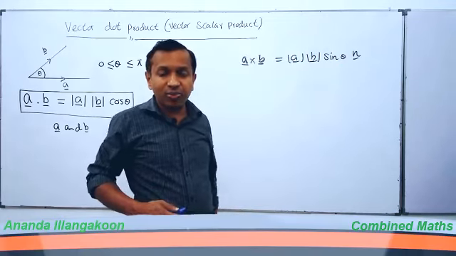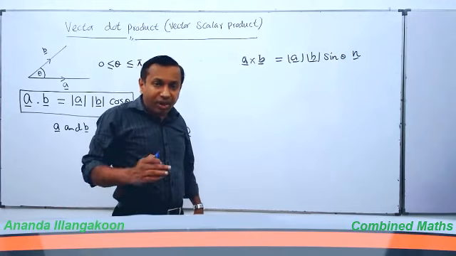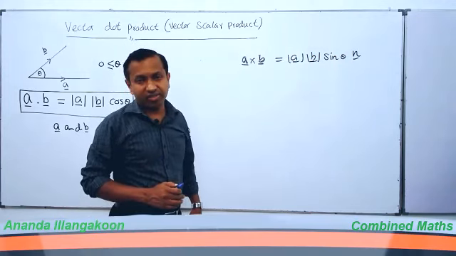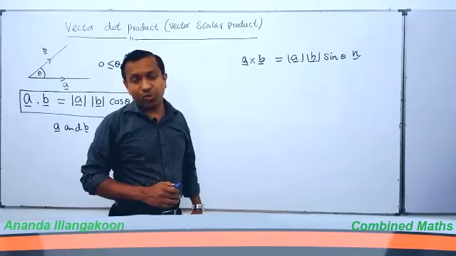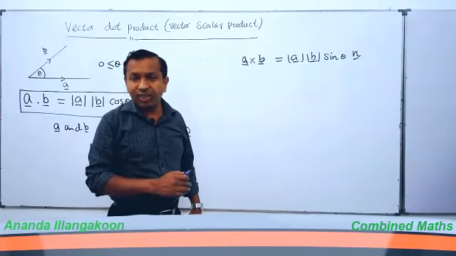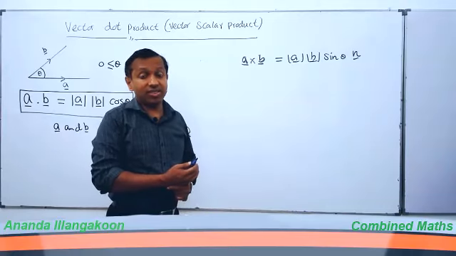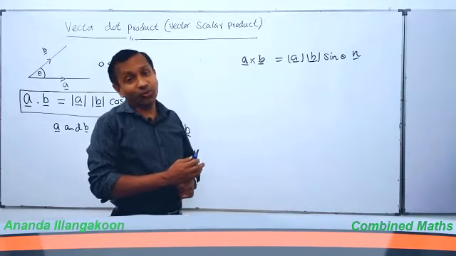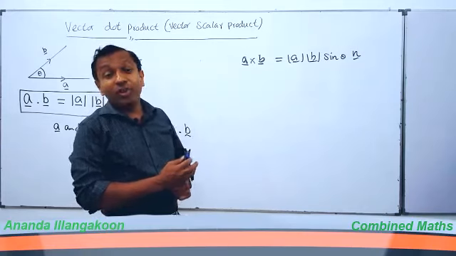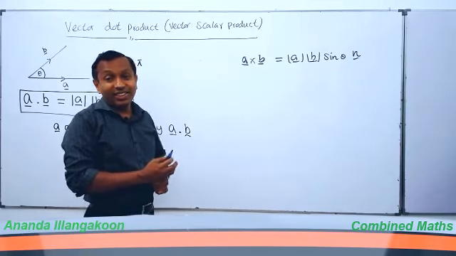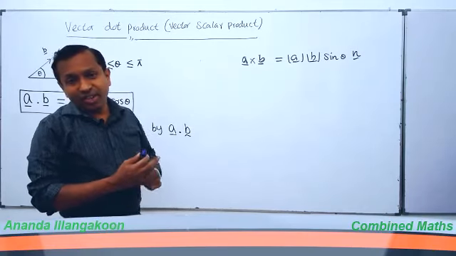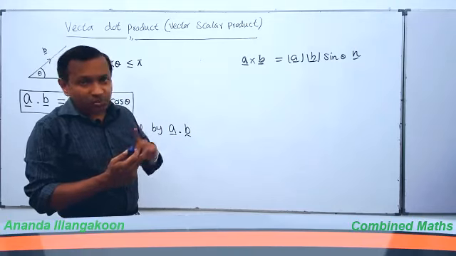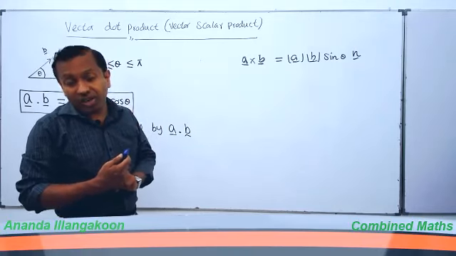Then this is known as the vector product or vector cross product, that we learned a little bit in our syllabus when we were learning A levels long before. Nowadays, we have the vector dot product, vector cross product, and vector triple product.